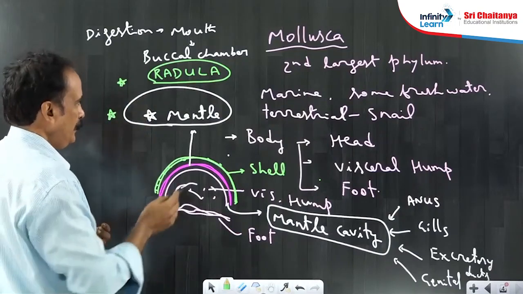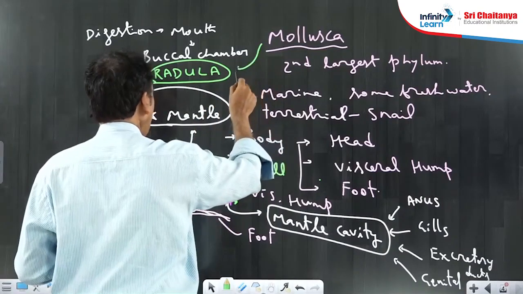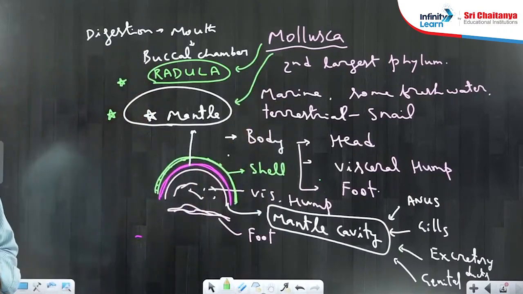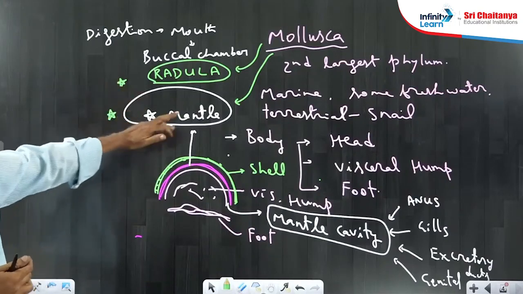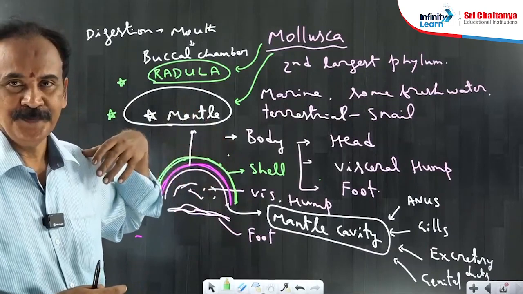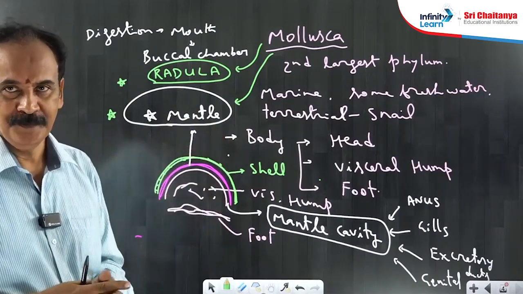So in the phylum Mollusca alone, you are able to see the structures named mantle and radula. You don't find these two structures in any other animal group. These two are unique to the phylum, right.